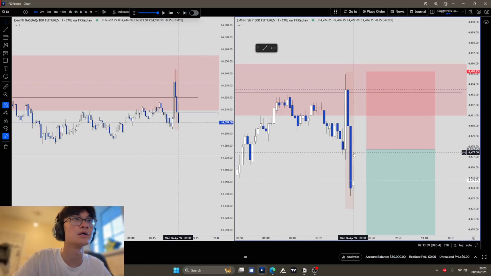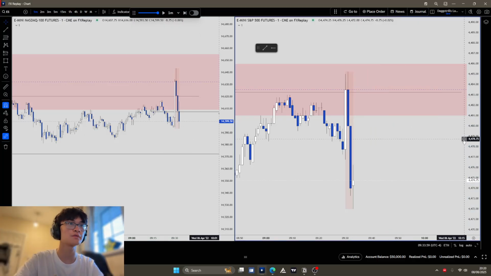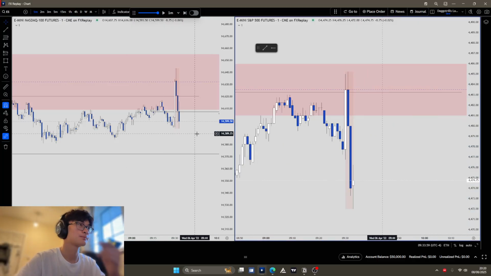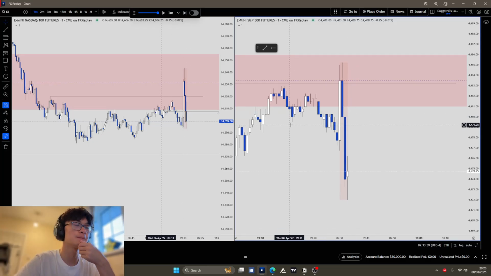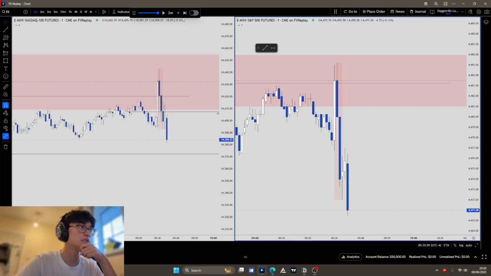Do we have a gap there though? Oh, we don't. Not enough. This would have been so clean. Probably want to take on ES and NQ instead. This is better.